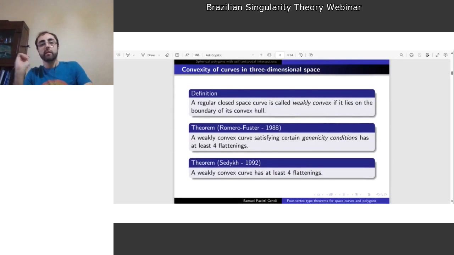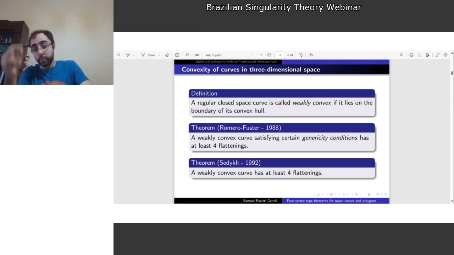Definition: a regular closed space curve is called weakly convex if it lies on the boundary of its convex hull. Notice that this makes sense for space curves. Two mathematicians, among many, proved the following theorems.